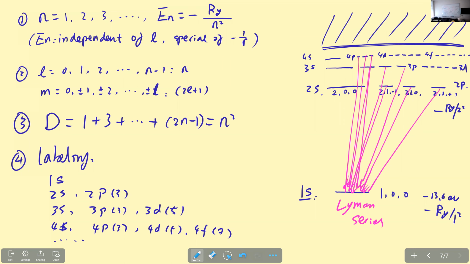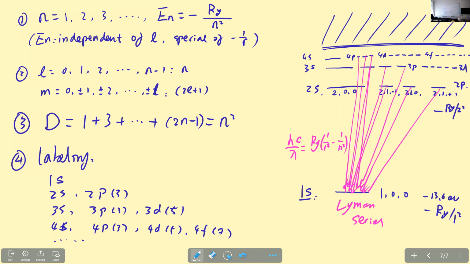Of course, the energy or the wavelength, so you have hc over lambda equals the Rydberg energy times 1 over 1 squared minus 1 over n squared, right? So that is the Lyman series. Okay, so that's the emission.